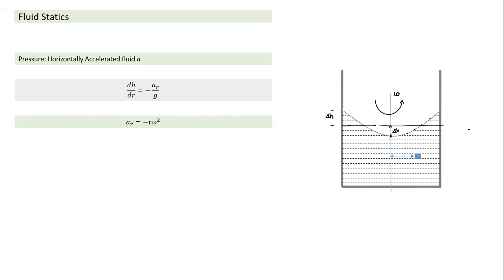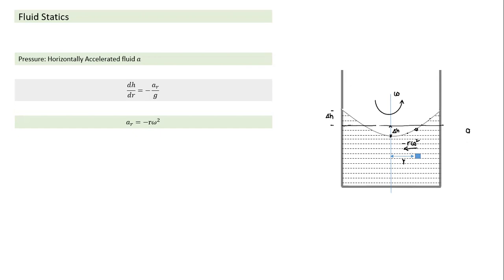What is the horizontal acceleration at a point at a distance r from here? The horizontal acceleration will be r omega square, but it will not be towards the right, it will be towards the left. So that is the horizontal acceleration, which is a function of r: ax is equal to minus r omega square.